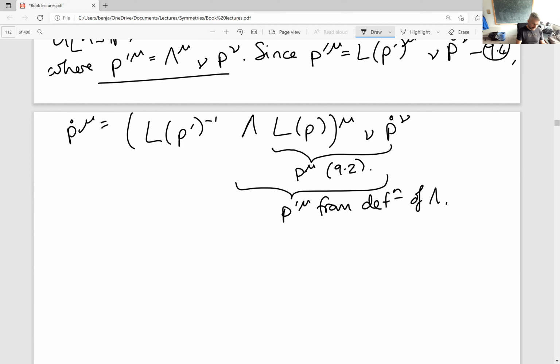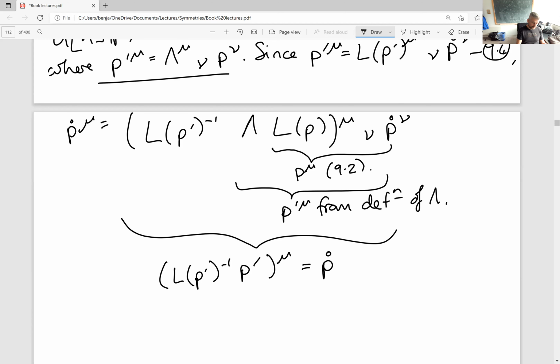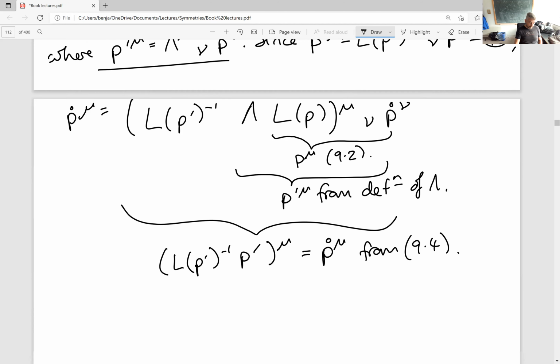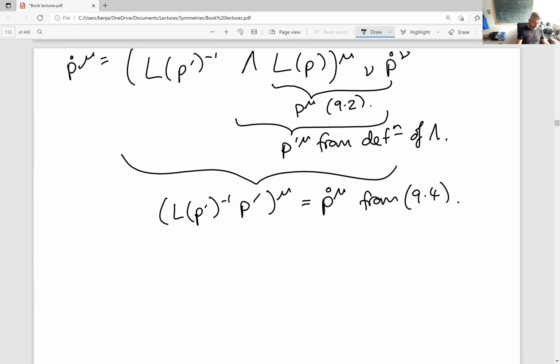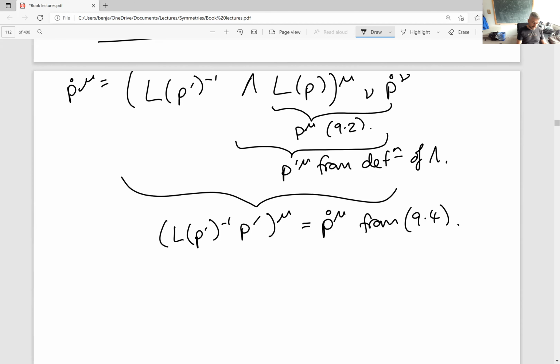And the whole thing then is L of P prime to the -1 P prime mu. This is equal to P dot mu from 9.4. So what we've got is that this thing in brackets leaves P dot nu invariant, and we found our member of the little group.